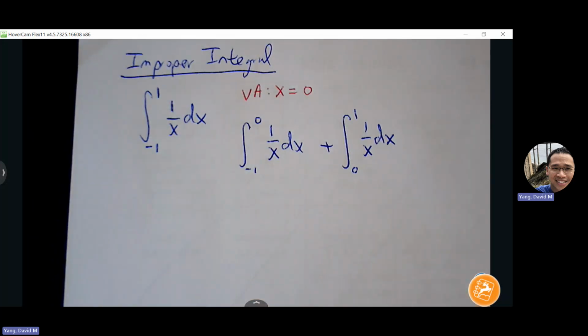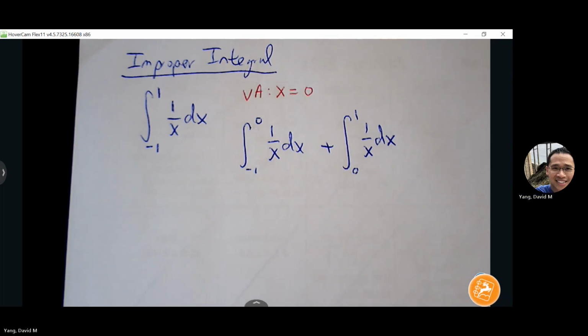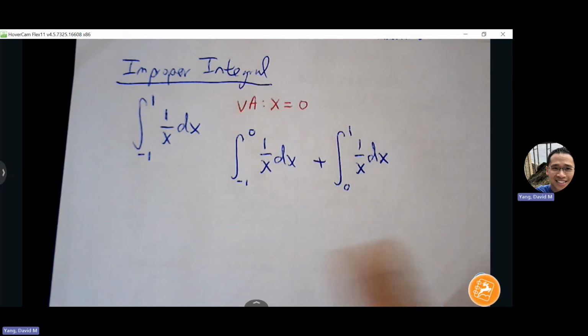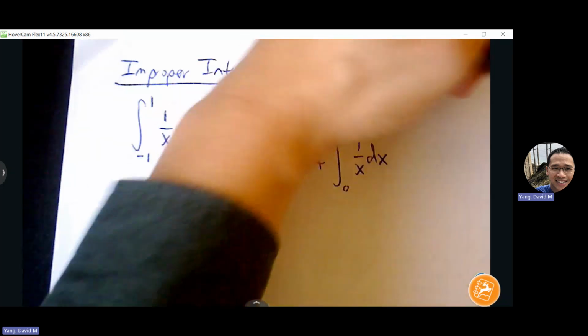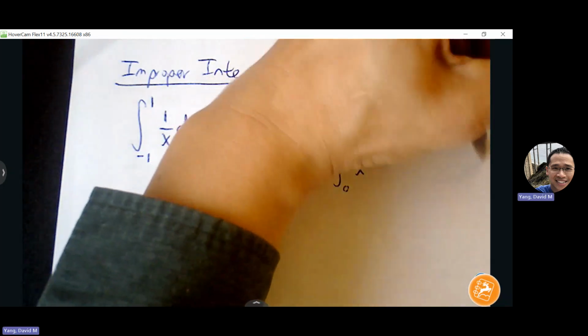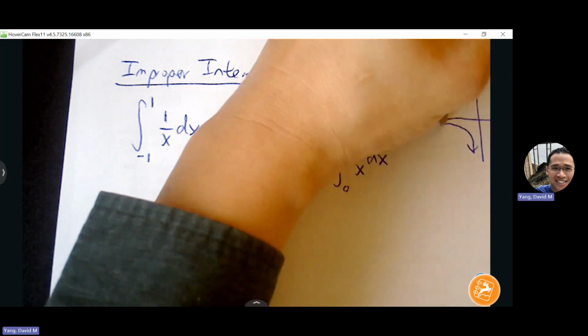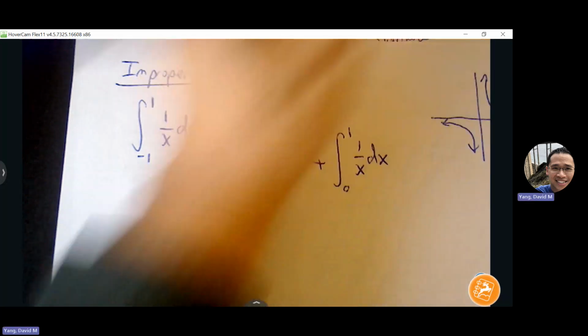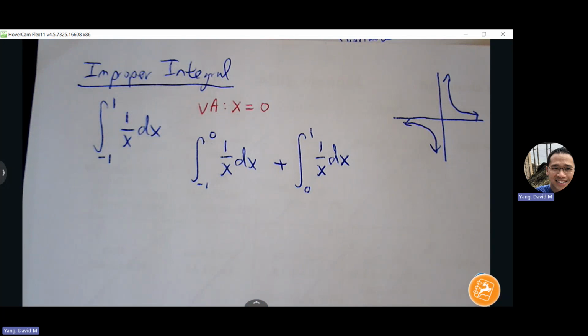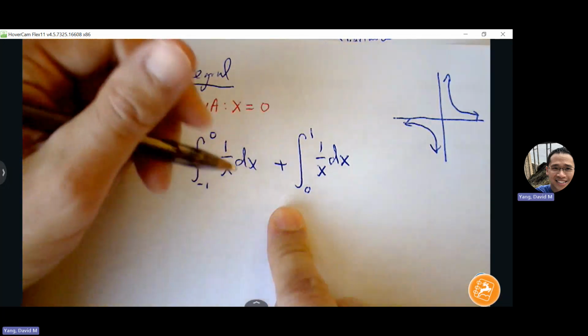So we're going to use limit notation to indicate that. We know that the graph is going to exist on both sides of the vertical asymptote, so the graph looks something like this. I just want to give some visual connection in terms of where we place our one-sided limit.